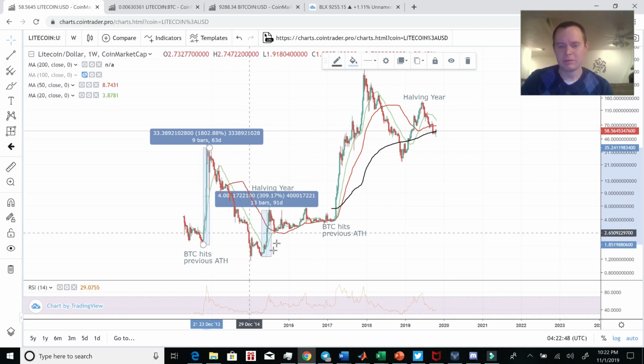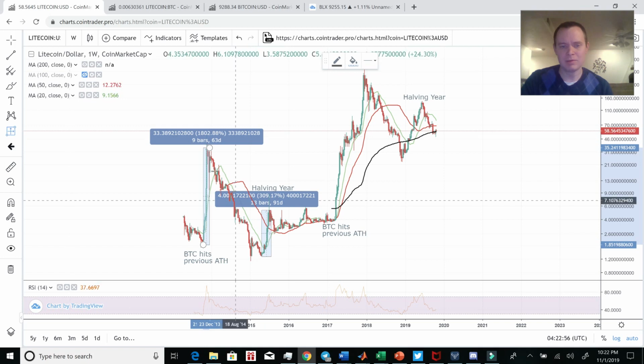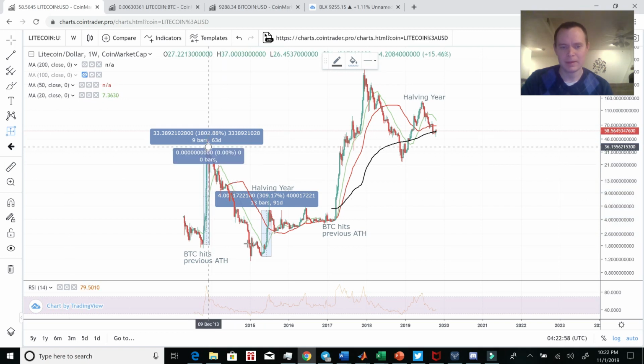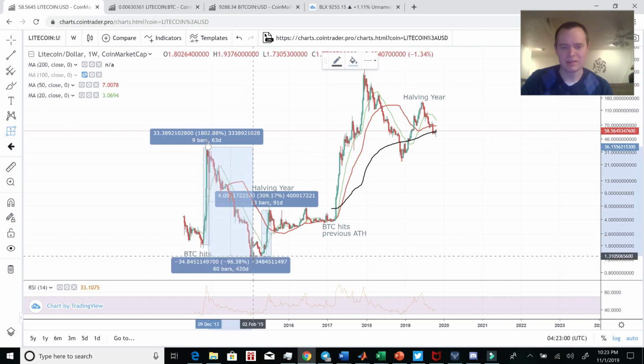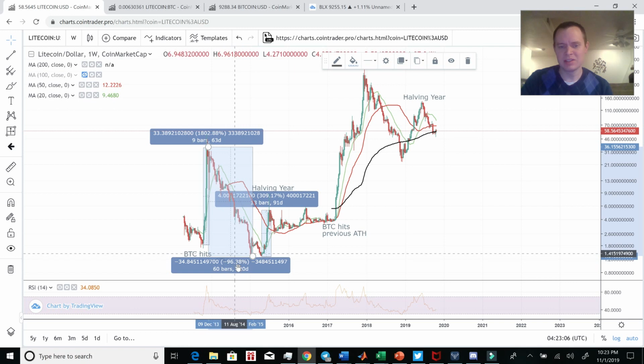So if we move forward, after this halving, we see a retracement, but it's a much smaller retracement than over here. So if we take another measured move from the top to the bottom, we can see it's negative 96%. Now, it's incredible that Litecoin saw this type of retracement and still went on to go 10x from its previous all-time high after a 96% retracement.